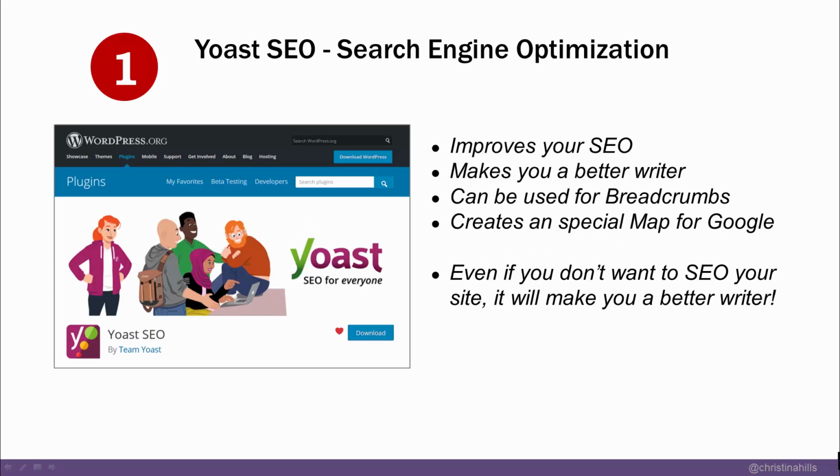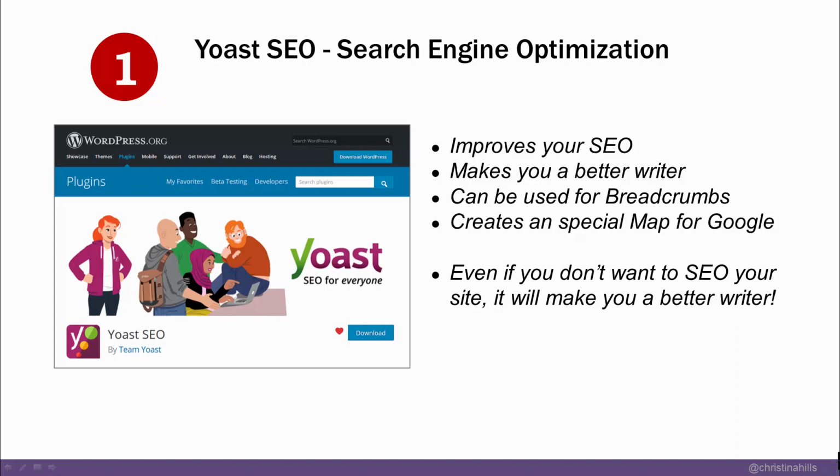My first one, which is the most famous search engine optimization plugin, is called Yoast SEO. And it's free, and there's a few reasons why I like it. It improves your SEO. It makes you a better writer, which is really interesting. You wouldn't guess that.